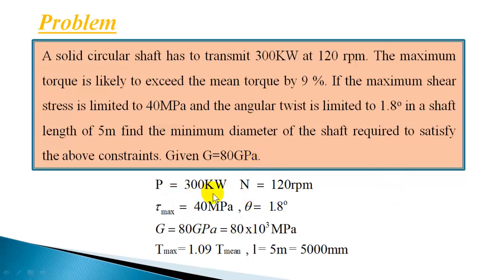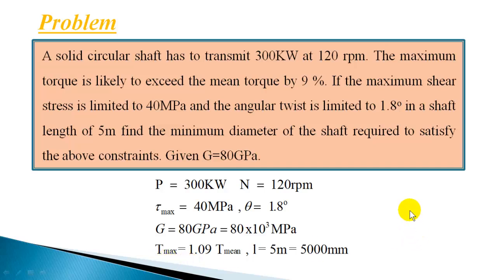Power transmitted 300 kilowatt, rotational speed 120 rpm, maximum shear stress 40 megapascal, angular twist 1.8 degree in a shaft length of 5 meter or 5000 mm. Modulus of rigidity is 80 gigapascal or 80 into 10 raised to 3 megapascal, and Tmax is 9% more than the mean torque, so 1.09 into Tmean will be the maximum torque.